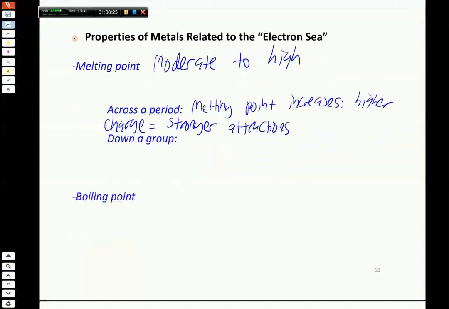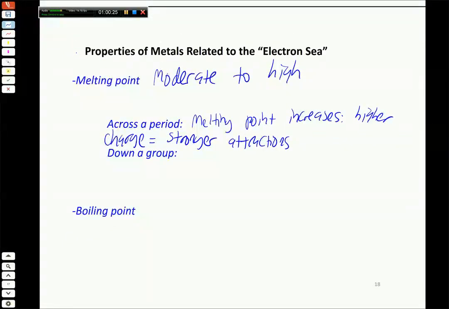So as you go across, especially when you're comparing group 1A to group 2A, the melting point tends to increase. So if we compare sodium and magnesium, which are right next to each other, magnesium has a much higher boiling point than sodium because it's to the right on the periodic table, and it has more delocalized electrons that hold the atoms together more strongly.